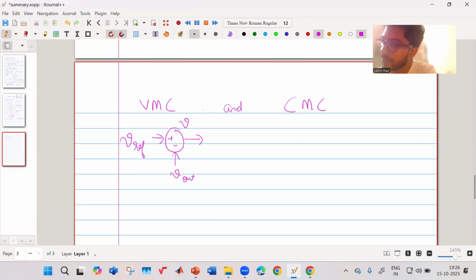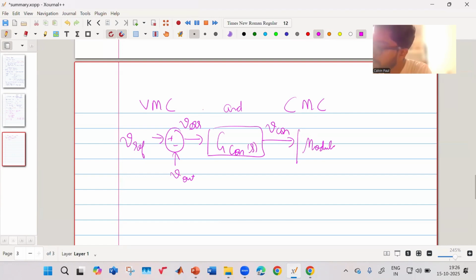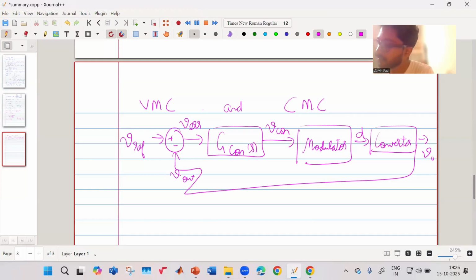We get an error that we pass to our controller, that will generate some VCon, which goes through our modulator that generates the duty, which goes to our converter, and that generates our V output which is fed back.